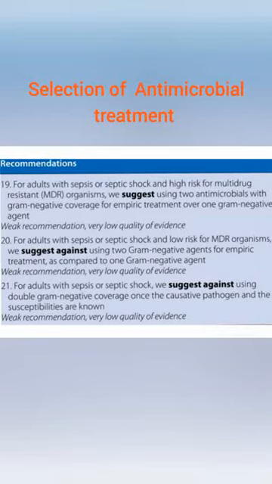And in adult sepsis and septic shock at low risk of MDR organism, it suggests against using 2 gram-negative antimicrobial agents rather than 1 agent of gram-negative coverage. And for an adult patient with sepsis or septic shock with unknown causative pathogen, it recommends against use of double antimicrobial for gram-negative coverage.